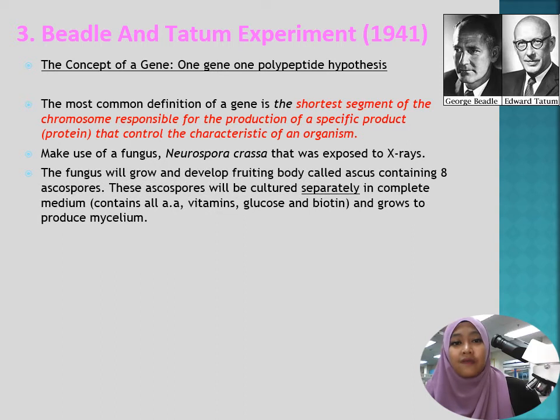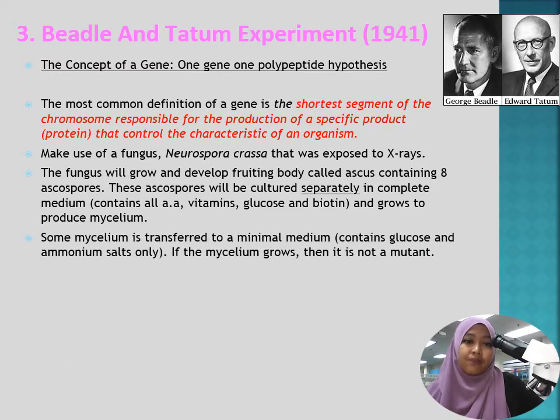The fungus grows and develops into a fruiting body with an ascus that contains 8 ascospores. These are cultured separately in a complete medium, which has all the amino acids, all the vitamins, glucose and biotin, and they develop into a mycelium.